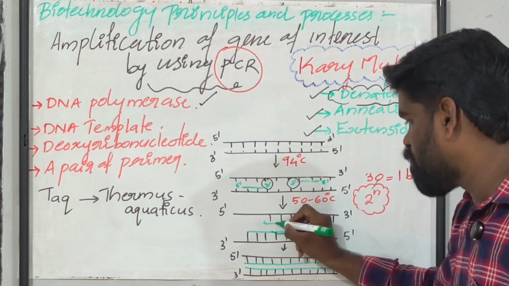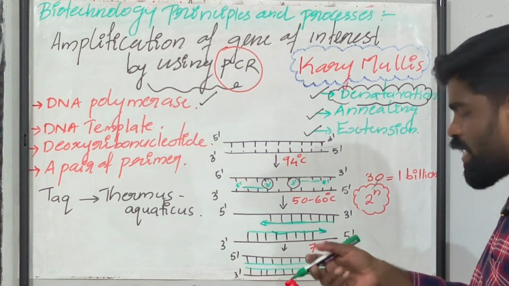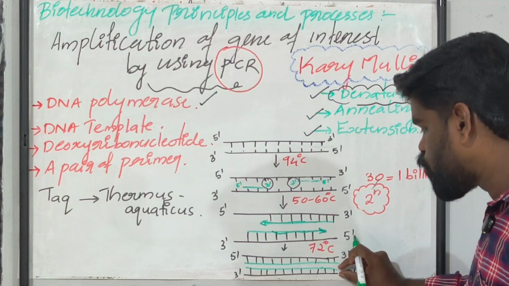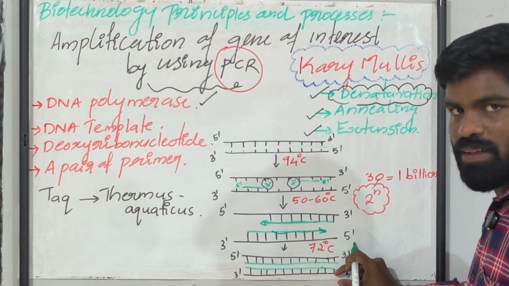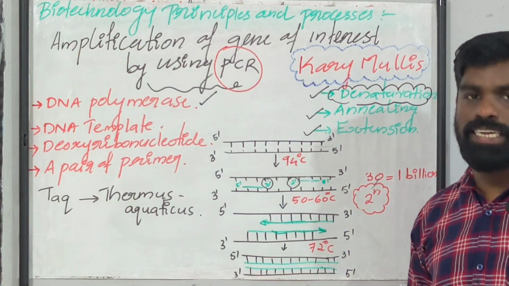See here, the primer will extend in this way. The primer will extend as they add nucleotides, and we will get two separate DNAs. Have you got it? This is the last step, extension.